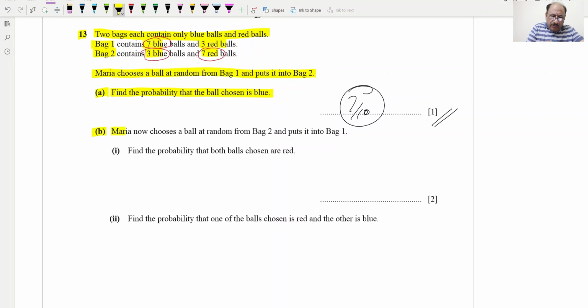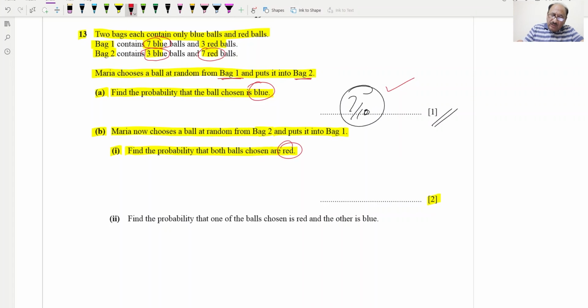B part, Maria now chooses a ball at random from bag 2 and puts it in bag 1. Number 1, find the probability that both balls chosen are red. So this question requires a little understanding, and it's a 2-mark question. So first ball is chosen from bag 1 and replaced in bag 2, and we calculated the probability for blue, which is 7 by 10, but now we are considering the red one.